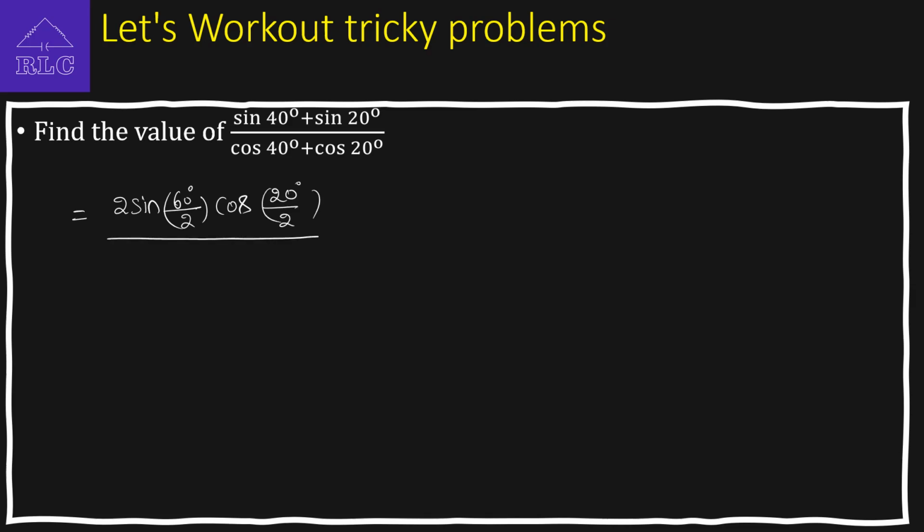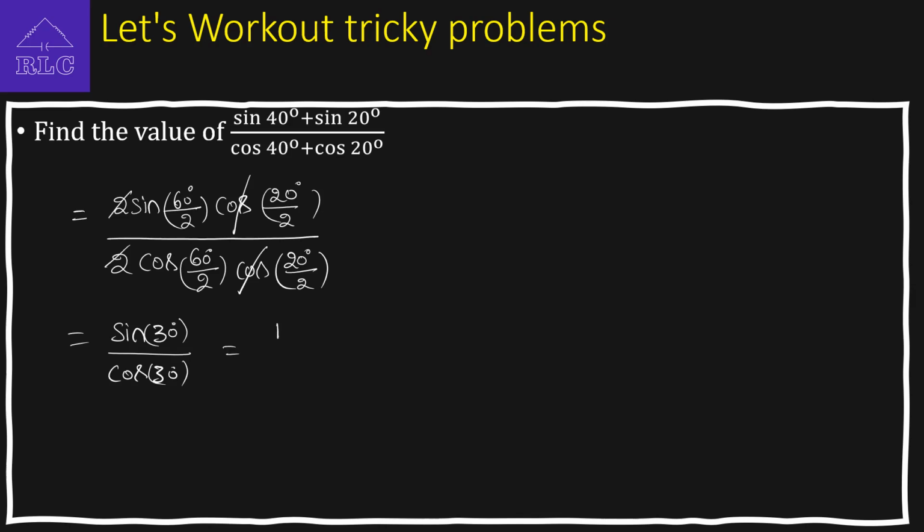In the same way, in the denominator two cos are there, cos plus cos, which is nothing but 2 cos C cos D. That means cos of (C plus D)/2, that means 60 degrees by 2, cos of (C minus D)/2, that means 20 degrees by 2. So these two get cancelled, 2 also gets cancelled, we'll get sin 30 degrees divided by cos 30 degrees.